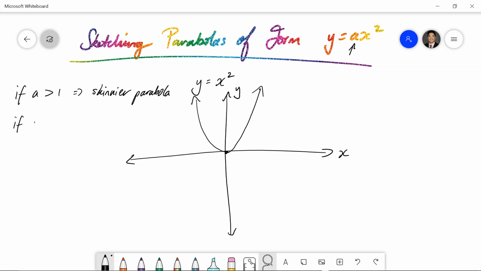And then if a is less than 1, or we could say if a is greater than 0 but less than 1, so in other words, a proper fraction, then we have a wider, fatter parabola. And this affects dilation. Dilation talks about how wide or skinny certain things are.